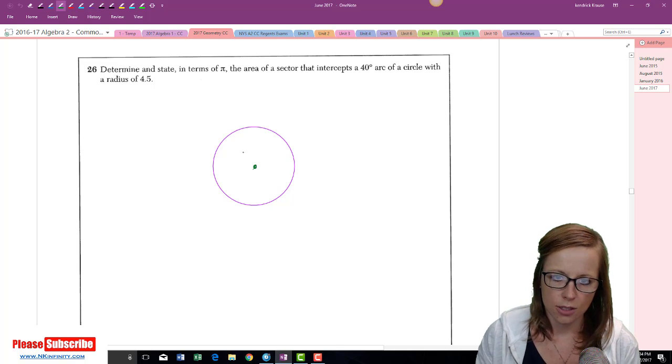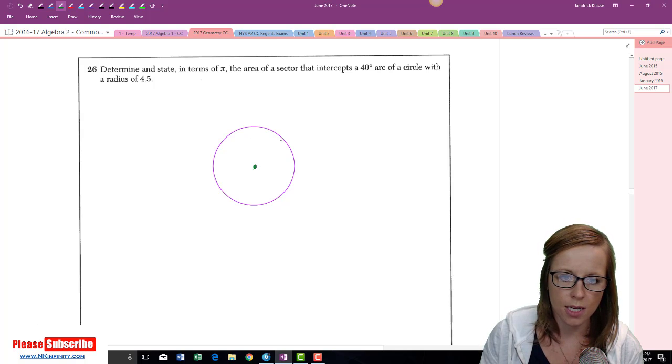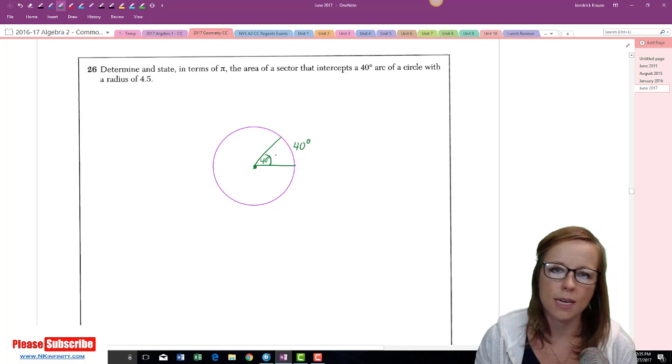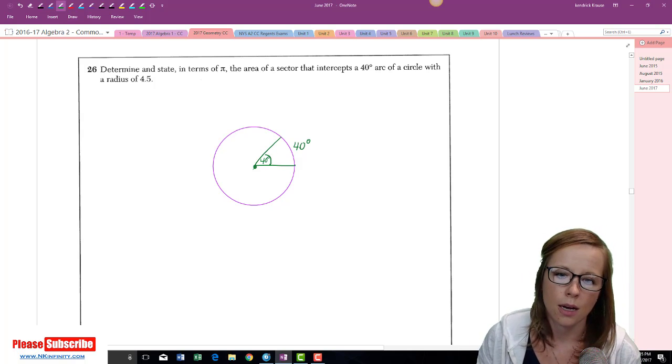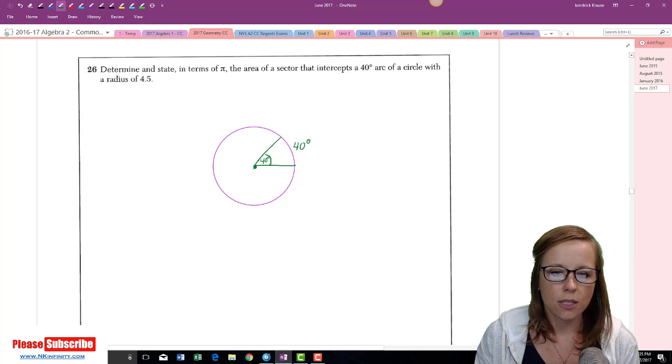The area of the sector intercepts a 40-degree angle. So let's see, 90 would be like that, so 40, I'm going to guess, is like this. An arc of 40 means a central angle of 40 degrees as well.